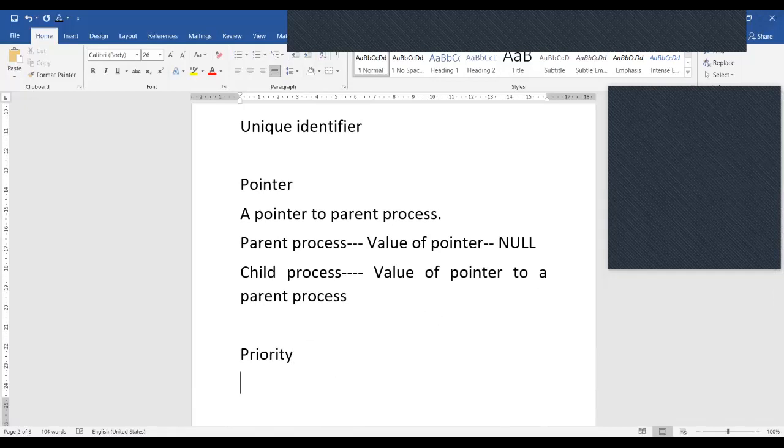Priority is the priority of the current process. This priority field contains the priority of the current process, whether the priority is high or low or medium.